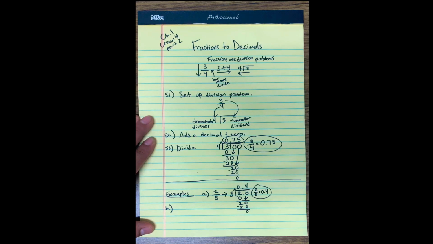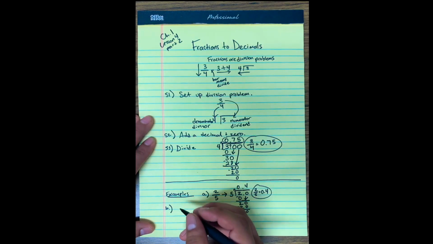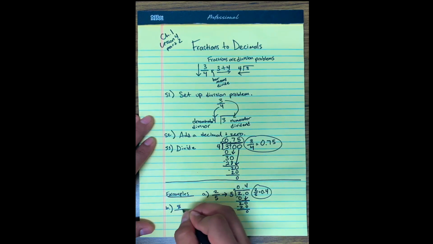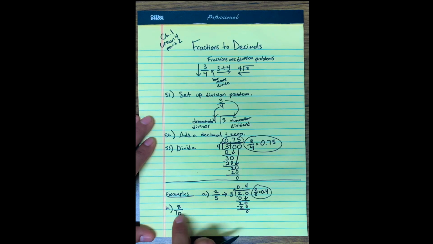Again, as I'm doing these examples, if you want to try it on your own, pause the video. Pause the video, set up the fraction, and then try solving it on your own. Alright, example B, you got 8/10.